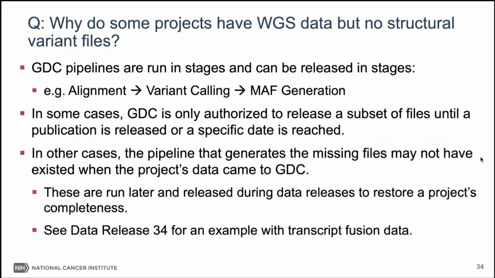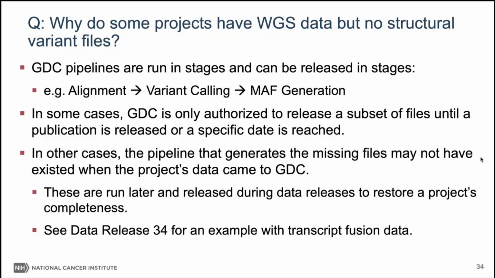So why do some projects have whole genome sequencing data but no structural variant files? This is an example of a question a user might have, but in general, it works like this. GDC pipelines are run in stages, and they can be released in stages. Depending on what the submitters want or are authorized to release, they may have alignments, which then undergo variant calling, which are then annotated to be MAF files.